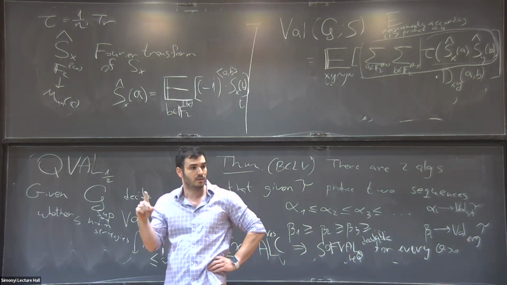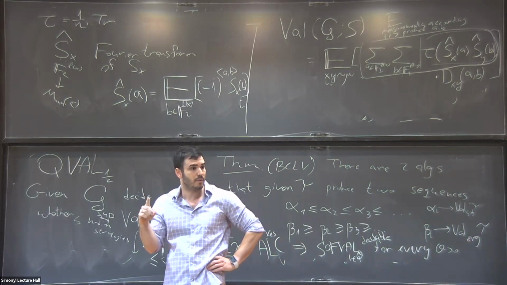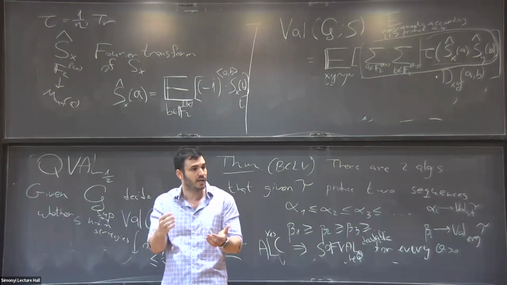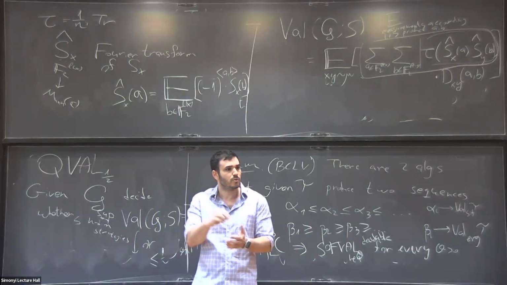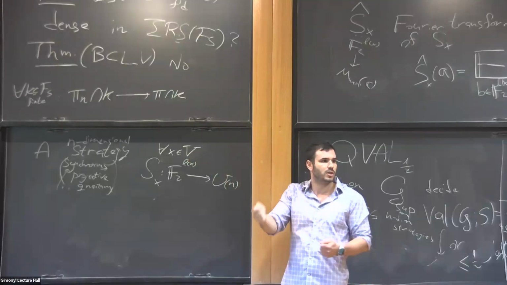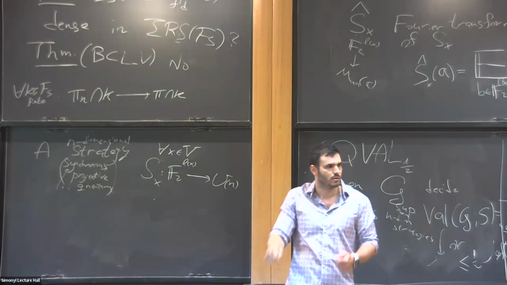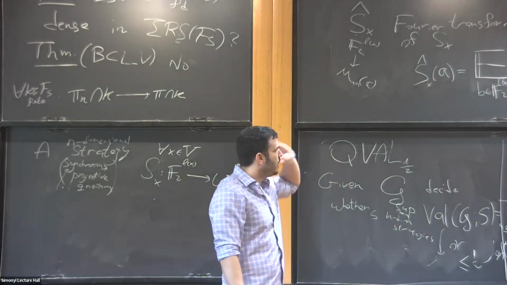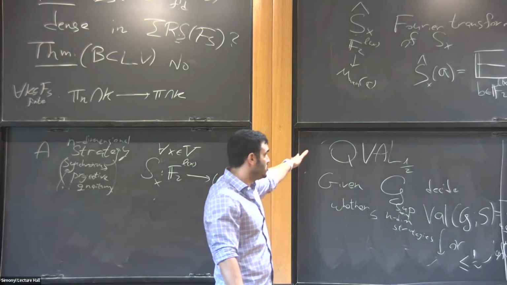And that's not clear that it remains. Like maybe you go to the double cover, now they have better ways to win against you. So at least when you're focusing only on synchronous value, taking the double cover is not necessarily value preserving. Just a remark. Okay, anyway, so this is a decision problem.